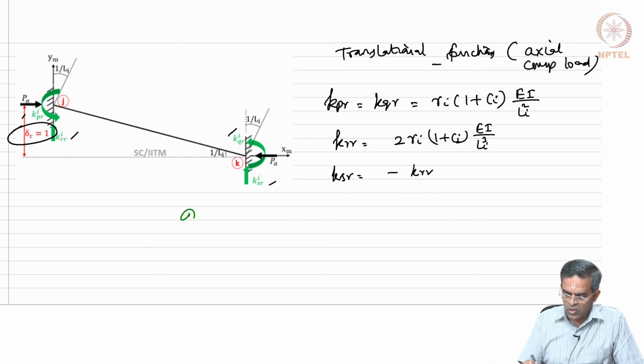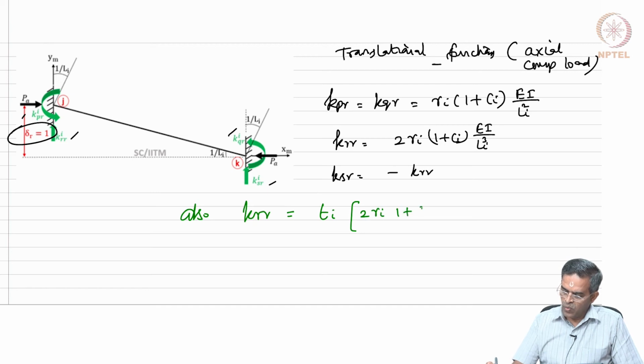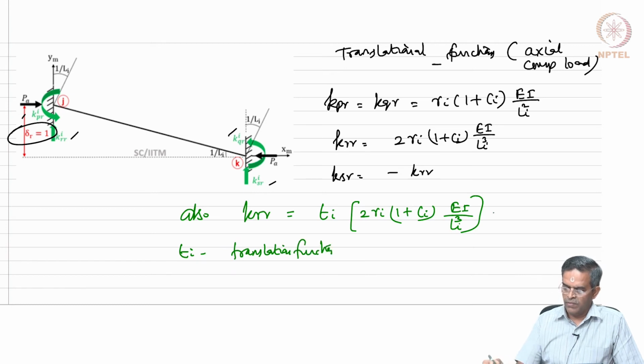So, we said also let KRR be expressed as Ti times of 2 Ri 1 plus Ci EI by LI cube, okay, where Ti is called as translation function. We also say this is minus of KSR.